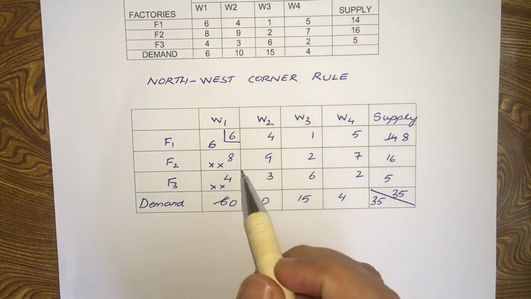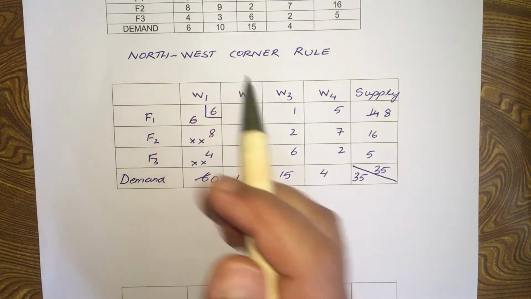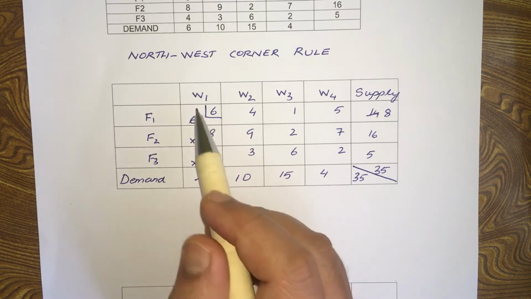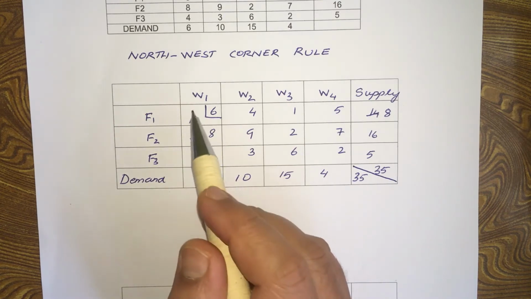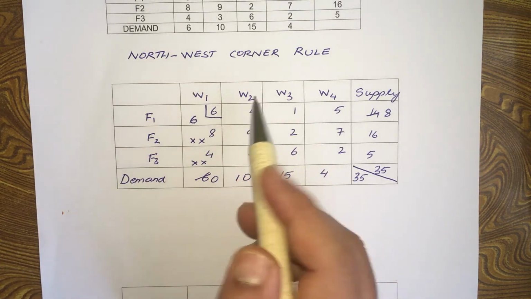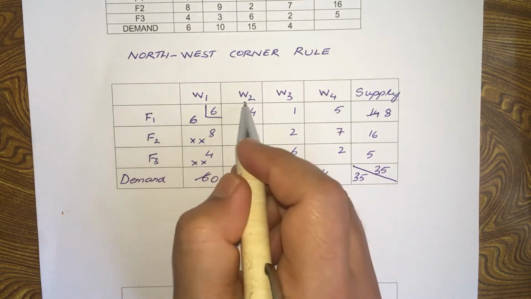Next, find out which is the cell which has not been allocated and which falls in the northwest. Now we have to ignore W1 because we have met the demand of W1. So ignore this. Now next your northwest cell will be F1 W2.